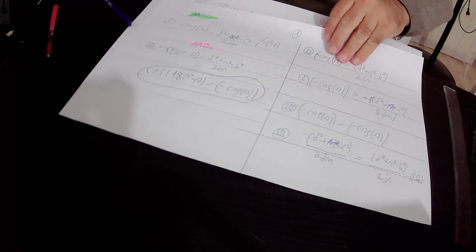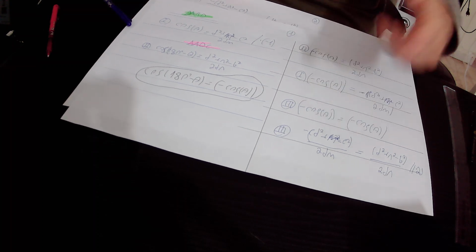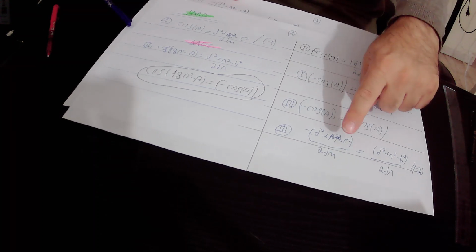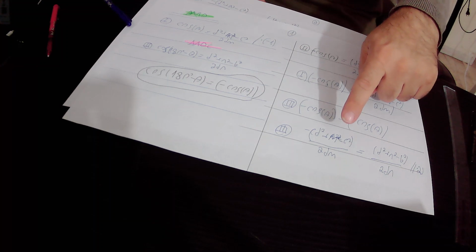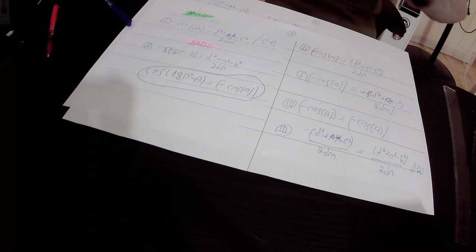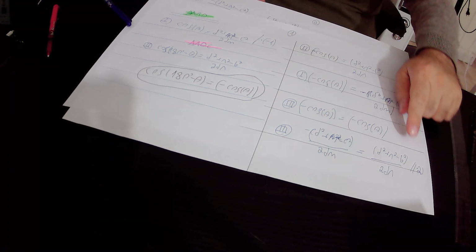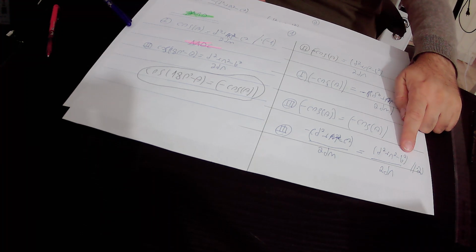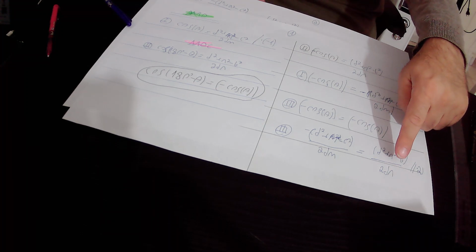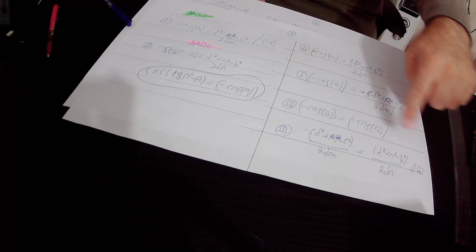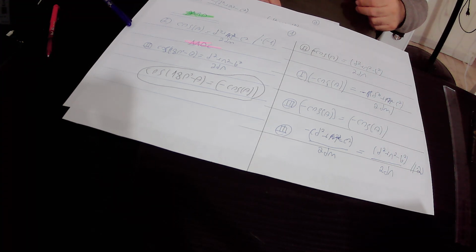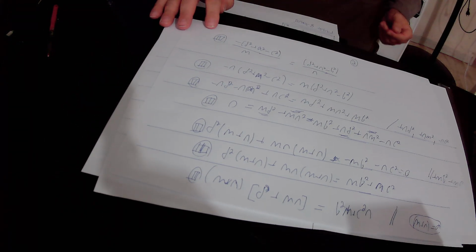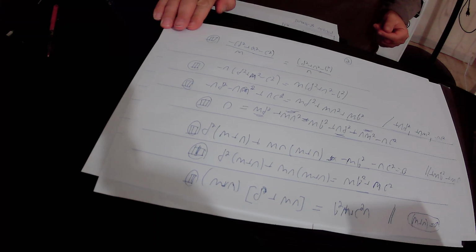So here 2d over 2d is 1, so 2d we can cancel, so in the denominator we are left only with m, the numerator didn't change. Then we multiplied also this side by 2d. 2d over 2d is 1, so in the denominator we are left with n, the numerator didn't change.